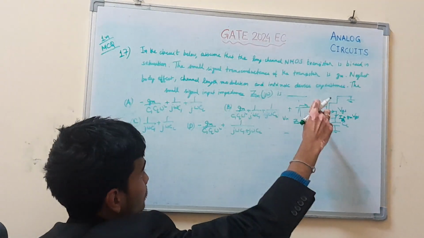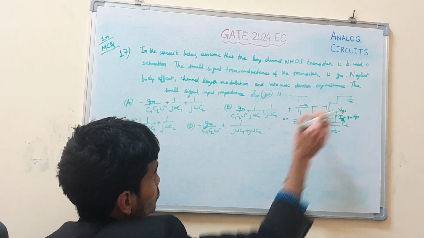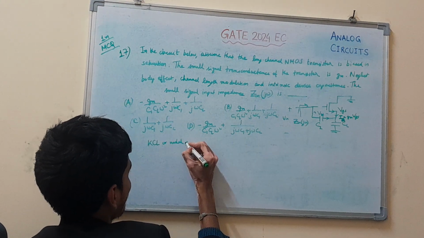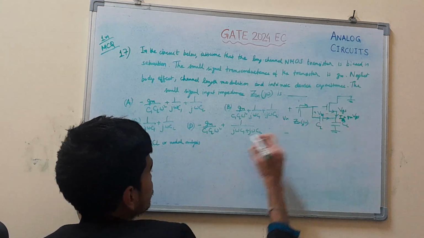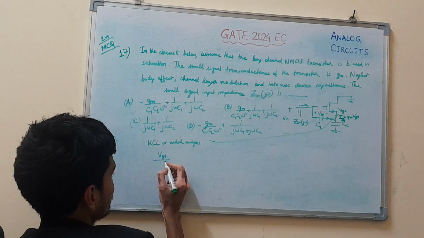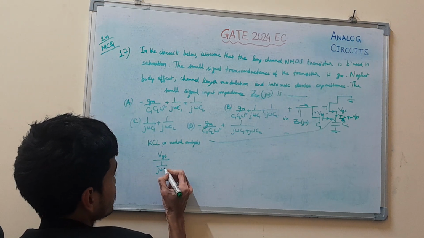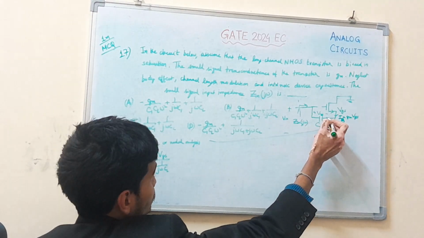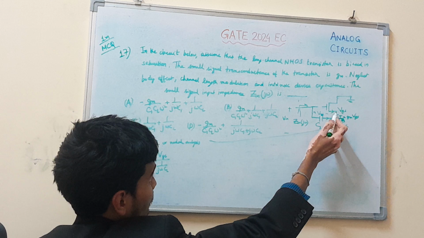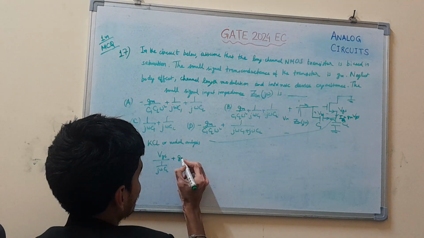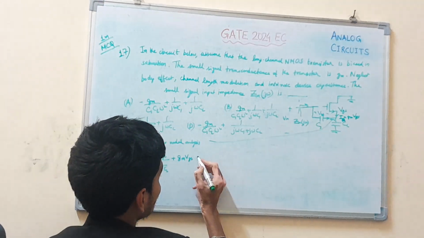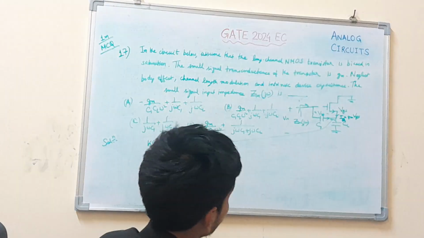So if we write KCL, nodal analysis, at this node, it is VGS by 1 by j omega CL, the current flowing through this capacitor, plus the current flowing through the NMOS, which is GM into VGS, as we all know. That will be equal to the current flowing through this capacitive impedance.